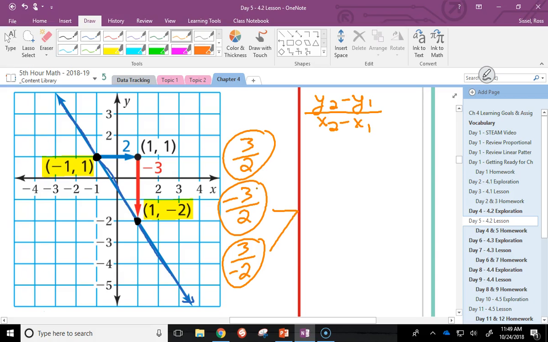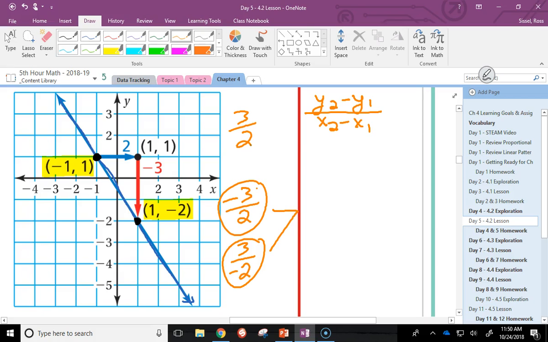It's going down, so it has to be one of these two. It's negative 3 over 2.